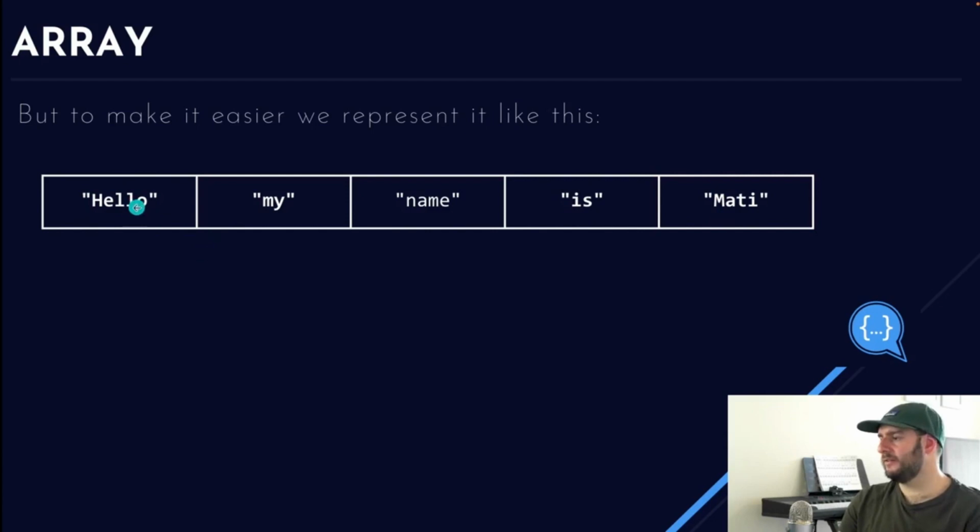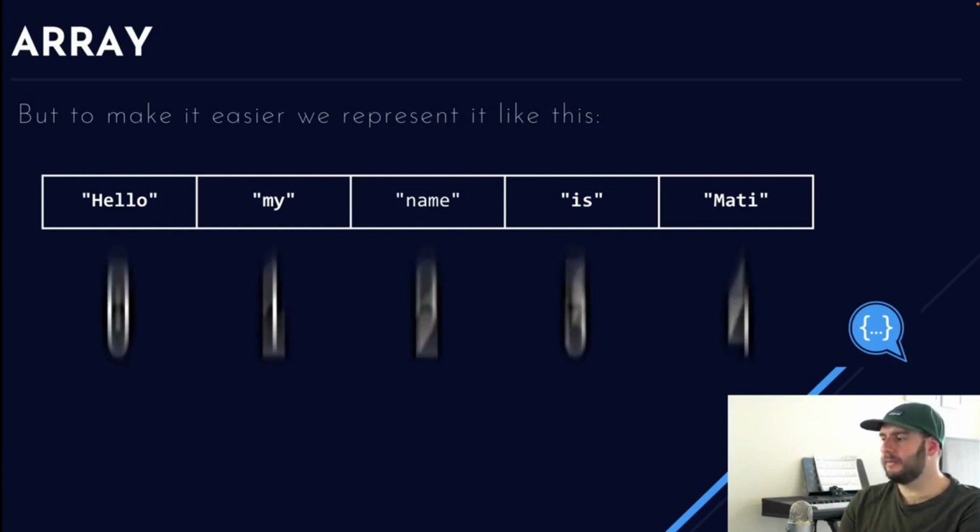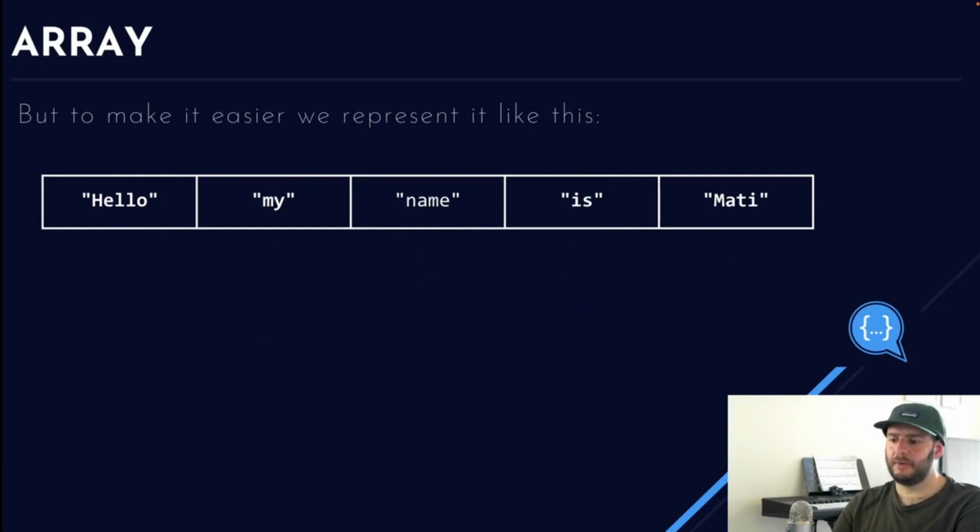For example, in this case, we have a 5 element array, and if we want to access the first element, it would be the index 0, index 1, index 2, index 3, and finally index 4. If I send the index 5, it will throw a runtime exception that will terminate my program if I don't handle it.